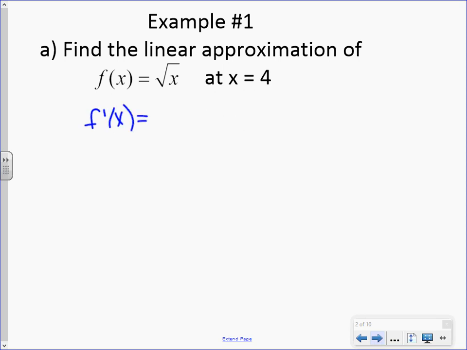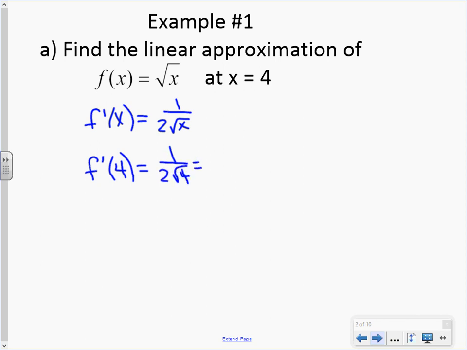The derivative of square root of x. CJ, what would that be? You agree with CJ? Okay. x to the 1/2 becomes 1/2 x to the negative 1/2. So he's just rearranged it. Okay. So there's our slope, but we need it at the particular point.